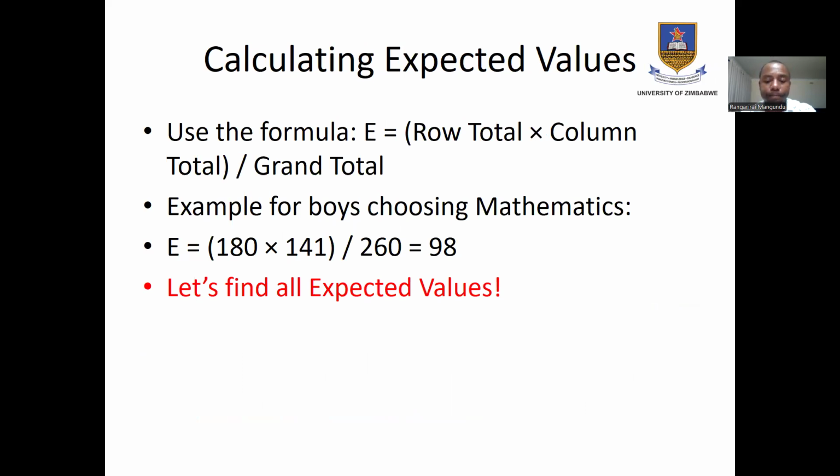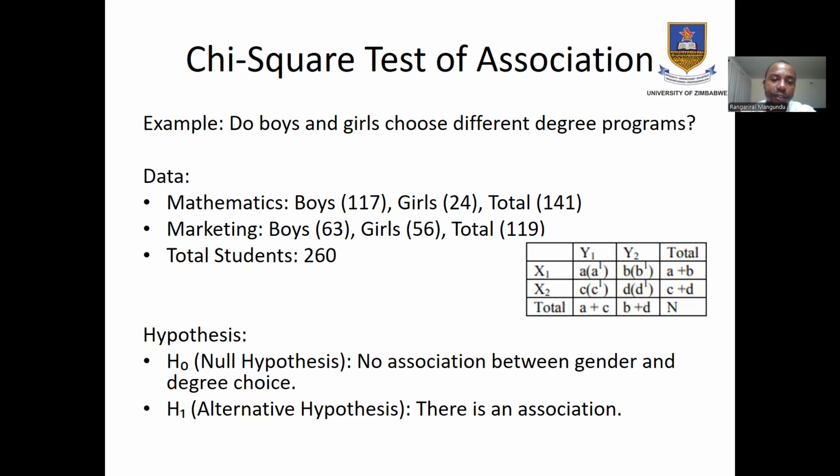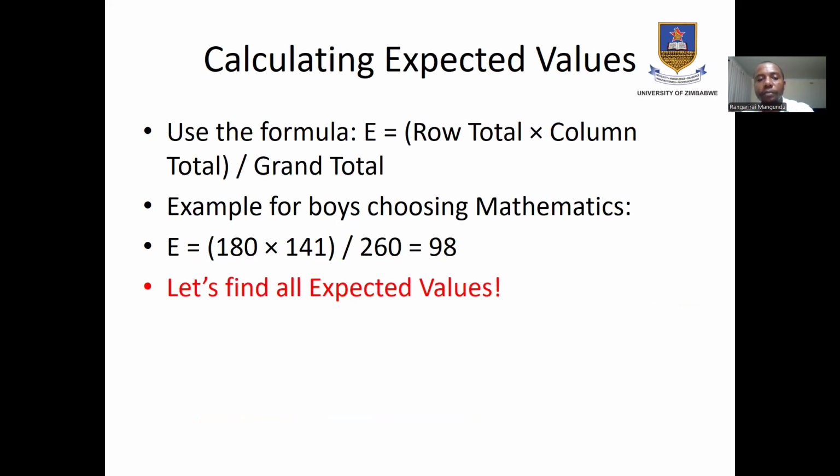If we are calculating our expected values, we use the formula: row total times column total, divided by the grand total. As you can see from the previous slide, the row total for mathematics is 141. But we're going to find a column total of 180. We multiply those two, we divide by 260, we get 98.